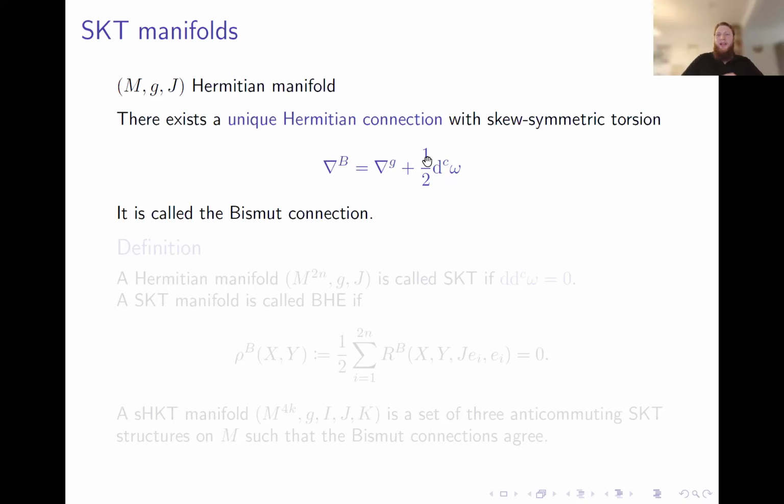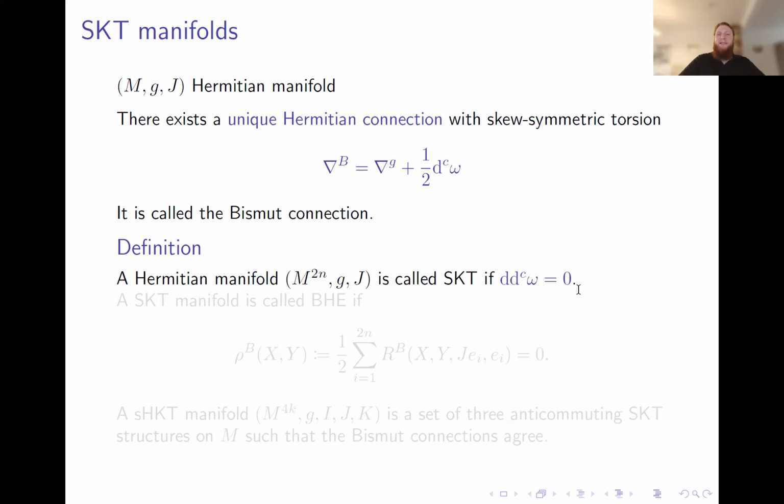Now, this is only a connection with skew-symmetric torsion, but we want something with closed torsion, so we call a Hermitian manifold strong Kähler with torsion if this torsion d^c omega is closed, so dd^c omega is 0.